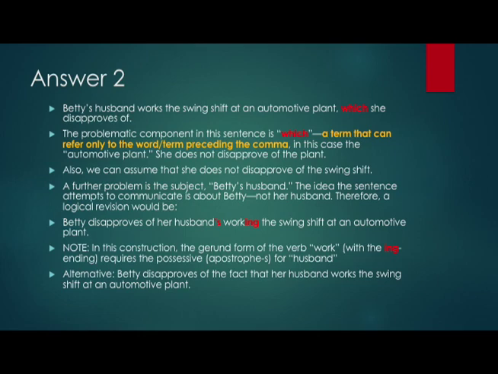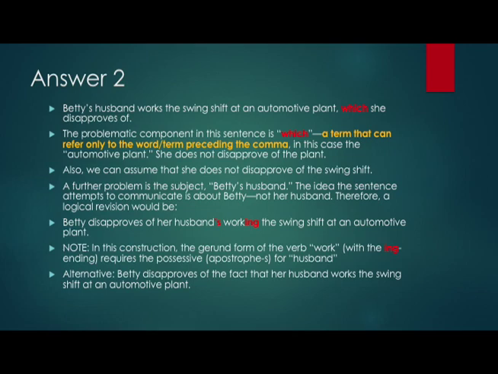Now, the thing I want to point out here, and I highlighted this in red: when we are using the gerund form of the verb, working, so the ing ending, that almost makes it into a noun. When that's the case, then we need to have the possessive form. So we need to add an apostrophe s to husband.